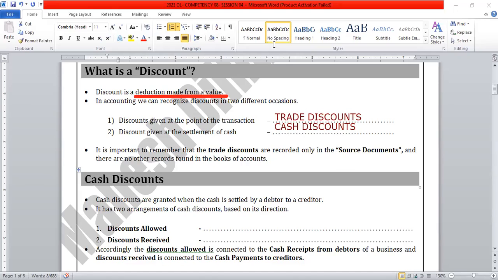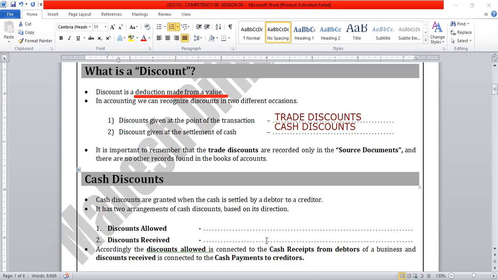The first is trade discount, a discount which is given at the point of the transaction. The second is cash discount, a discount which is given at the settlement of cash.